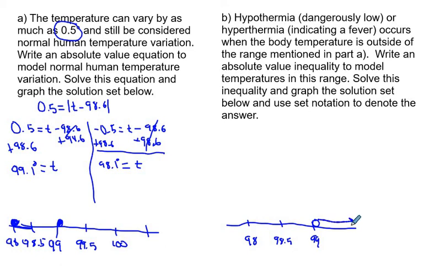If I go this way, I have hyperthermia, hyper meaning above. And if I have 98.1 here, again, open circle because at 98.1 I'm still considered okay, and I go this way, that would be hypothermia.